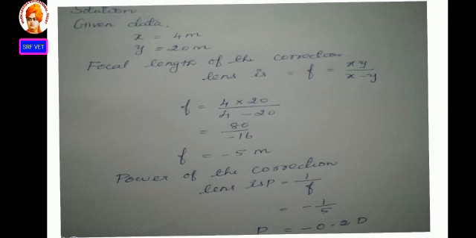So the focal length of the correction lens is f equal to xy divided by x minus y. Substituting all the values, we get f equal to minus 5 meter. Then the power of the correction lens, p equal to 1 by f, so p is equal to minus 0.2 D. So the focal length is minus 5 meter and the power is minus 0.2 D.